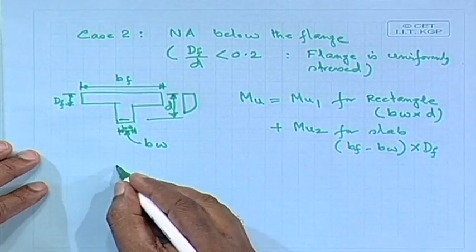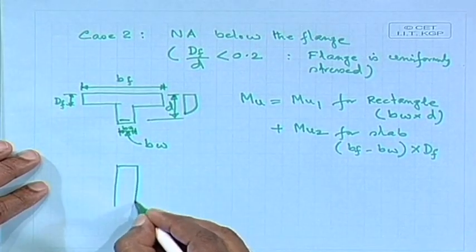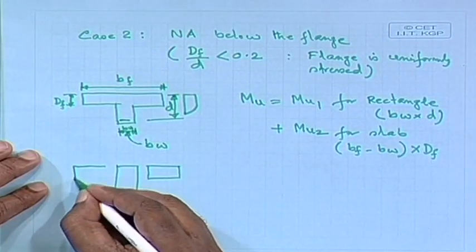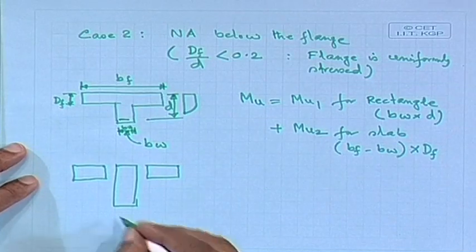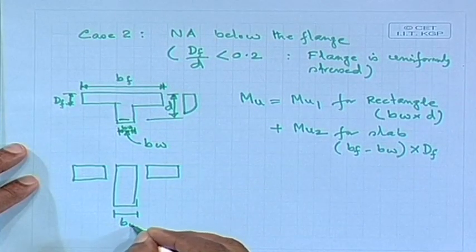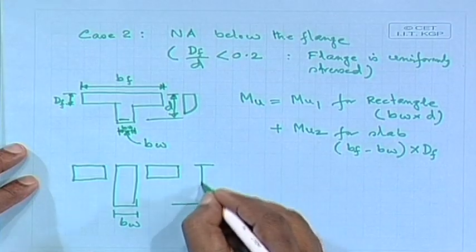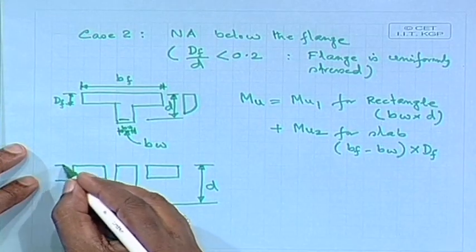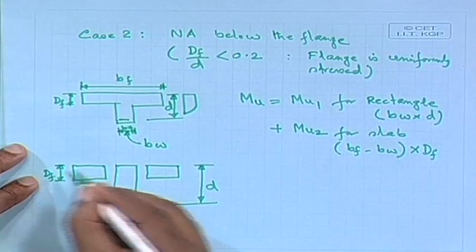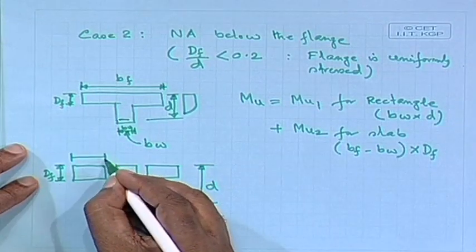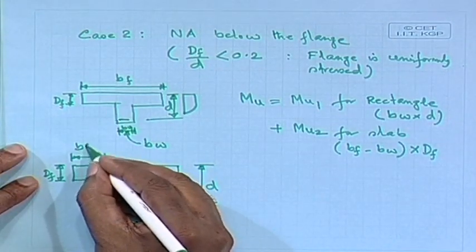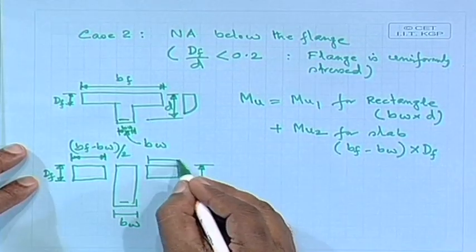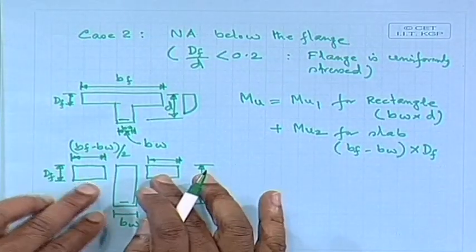So, we are removing these two portions. We are doing it separately, bw and D. This is Df. If I take this portion, bf minus bw by 2, and similarly the other one also. So, we are taking these two rectangular portions.